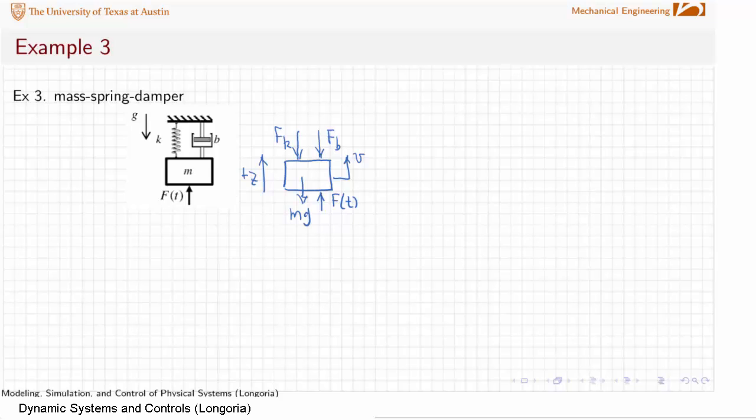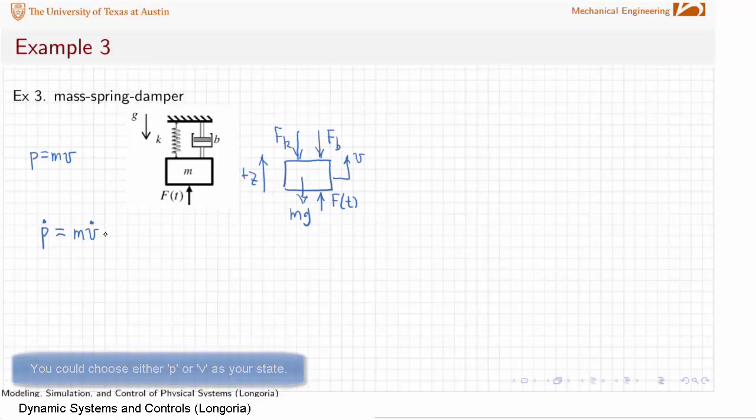So in that case, Newton's law says that the rate of change of the momentum, p dot, remember p is the mass times the velocity, so that's m v dot, right? So it's mass times acceleration, is the sum of the forces.